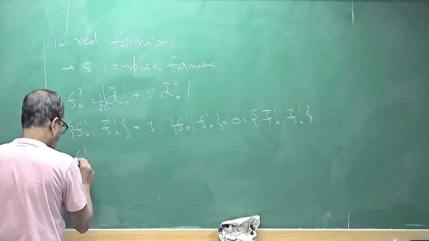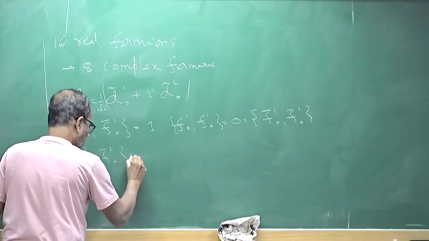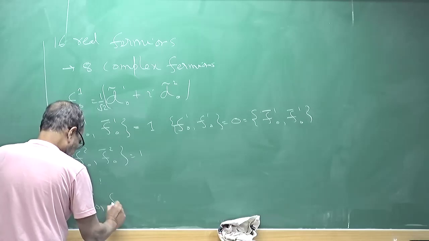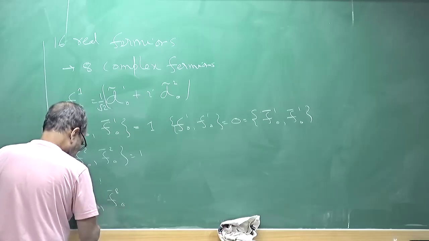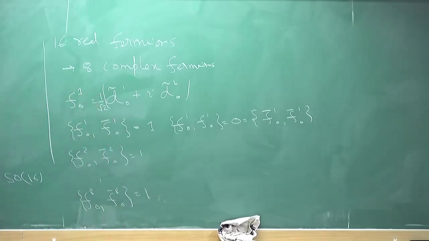F2 0, F bar 2 0 is 1, and so on. Similarly, we get F8 0, F bar 8 0 equal to 1. Okay, we just combined the 16 real fermions into 8 complex fermions.